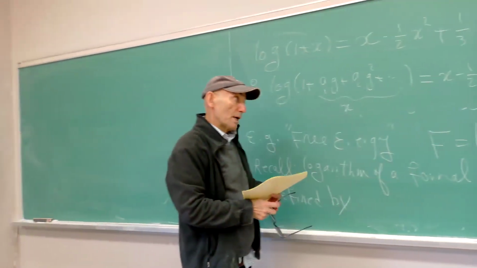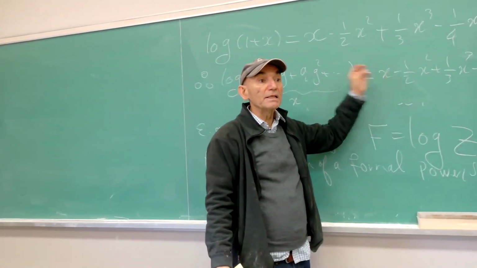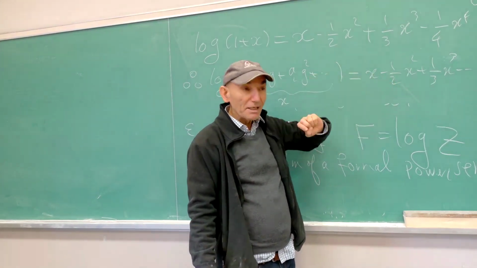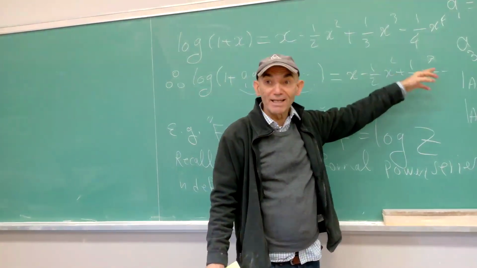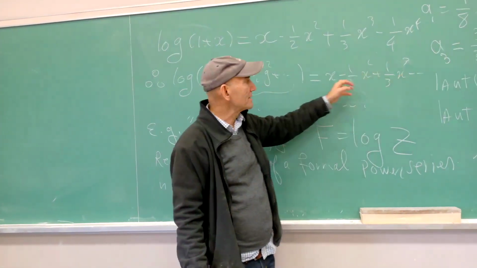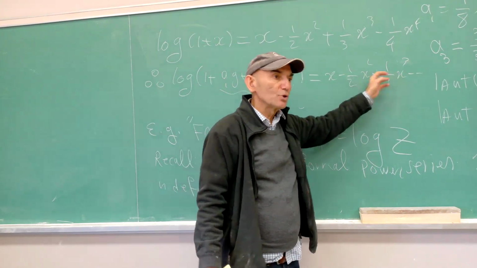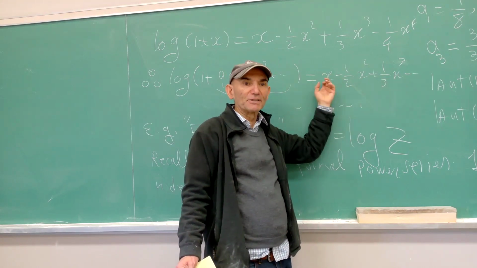Now, the only thing you have to make sure is that this makes sense. In other words, you are not adding an infinite number of terms for a fixed power. But that's clear because as you move on, the powers of g are increasing. Here it starts with power 1, here it starts with power 2, and so there is no power creeping in from higher terms to the first order.